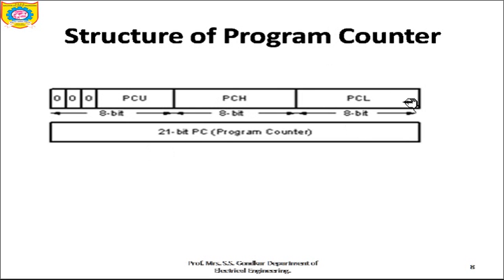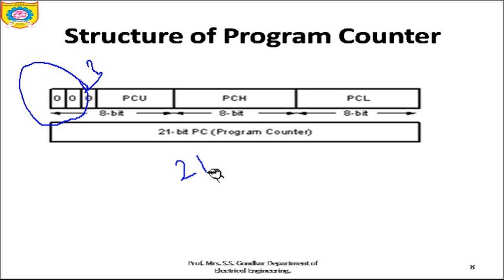But you can see that in PCU, 3 bits are unused. It means from these 8 you have to subtract 3 bits. So 8 plus 8 plus 5 is equal to 21. So the program counter is 21 bits.